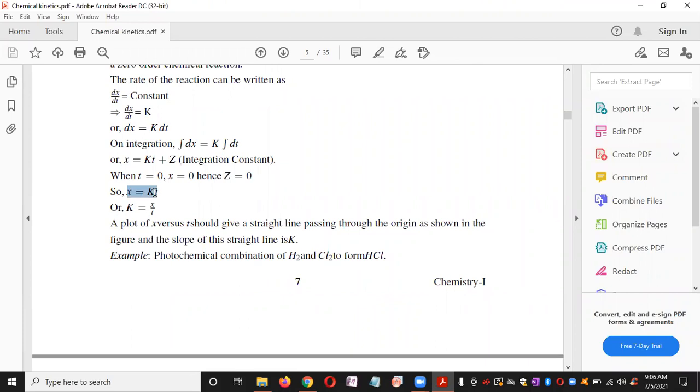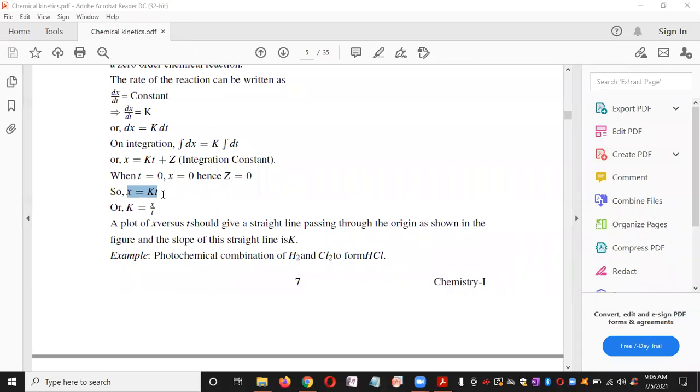We have two formulas to plot a graph, that is y is equal to mx and y is equal to mx plus c. Here it is y is equal to mx. First we write x is equal to kt, and beneath that y is equal to mx. Y means the y axis, x means the x axis, and in y is equal to mx, m stands for the slope.